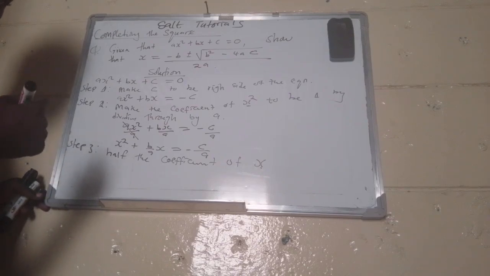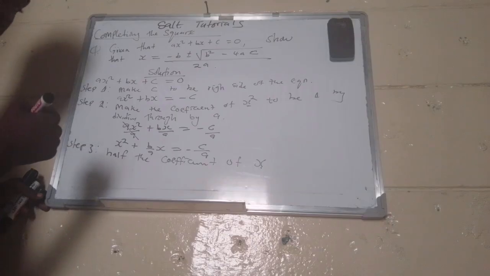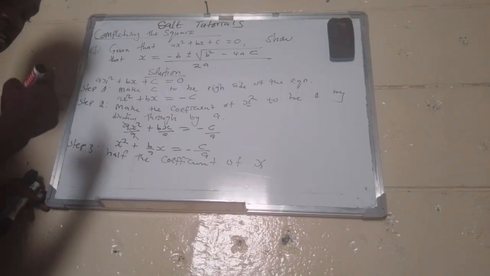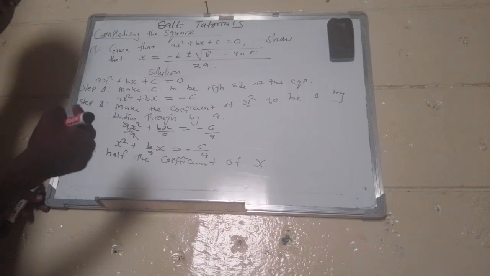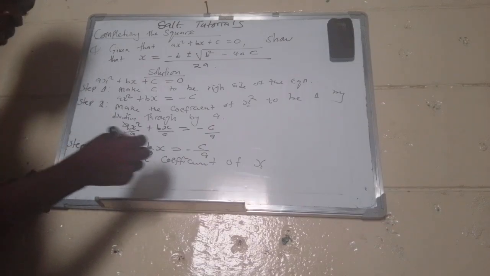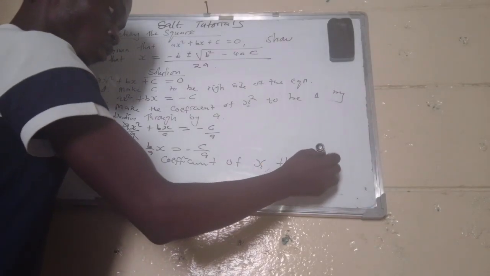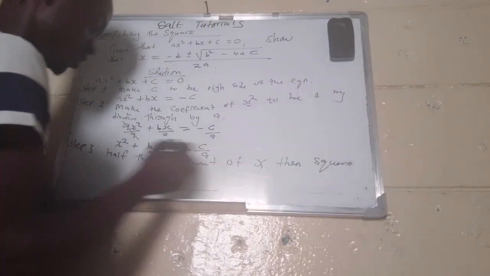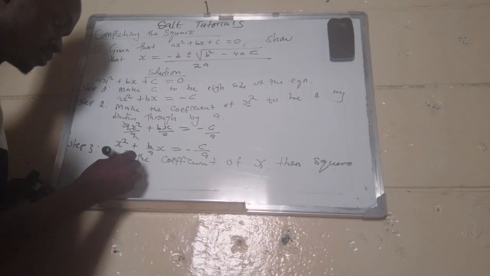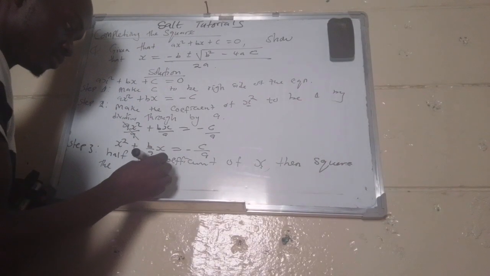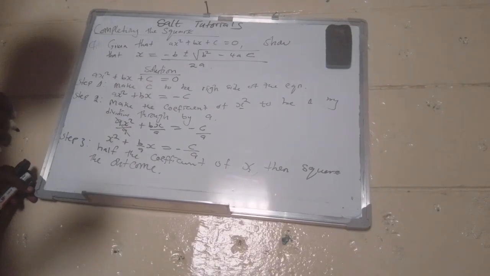By halving the coefficient of x, get the coefficient of x and multiply it by 1 over 2. After doing that, we're going to say, then square the outcome.